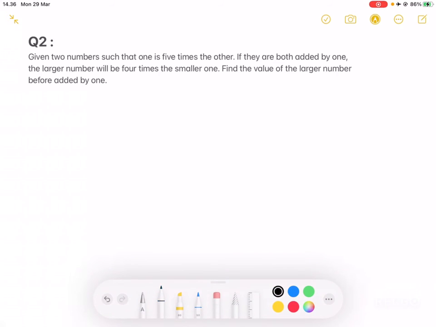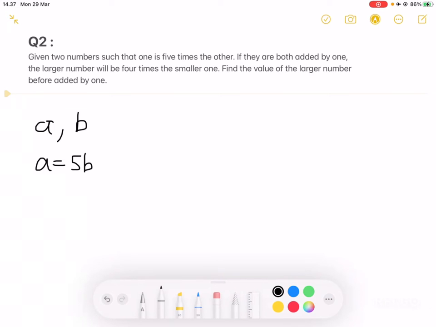So let those numbers be A and B, with A being the larger one. And from the first sentence, we can notice that A is equal to 5 times B, since A is 5 times the other number, which is B. And from the second sentence, it says if they are both added by 1.